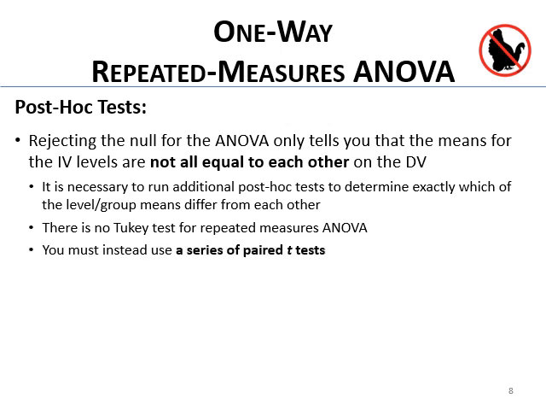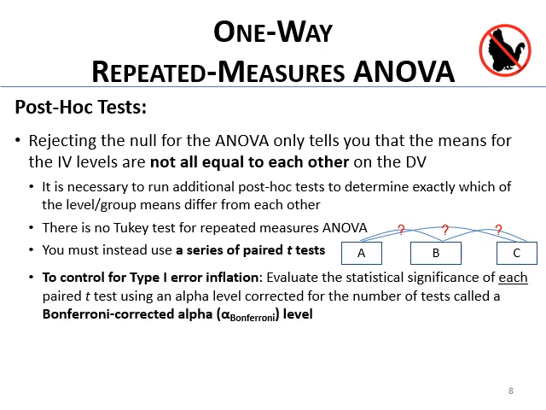Bummer. And so instead you've got to use a series of paired t-tests. And that is going to do the A to B, the A to C, and the B to C comparisons. But didn't I just tell you that's bad because you get type 1 error inflation? Yes, you were listening. So to control for type 1 error inflation, you evaluate the statistical significance of each of these paired t-tests using a modified alpha level called the Bonferroni corrected alpha level that's going to keep your overall alpha level at 0.05.